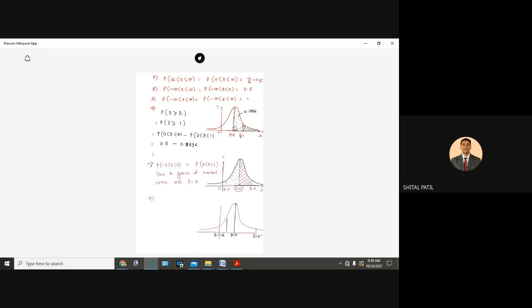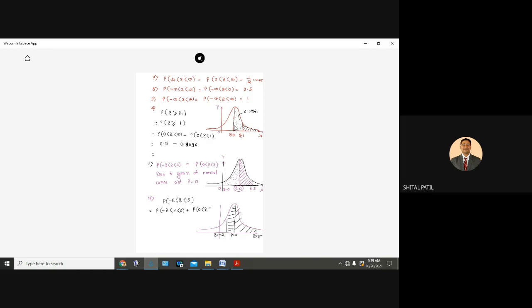Our aim is to find this area, as well as this area also. So to find the probability from z equal to -2 to 5, what should be done? Very simple. This is equal to the probability from -2 to 0 and then 0 to 5.